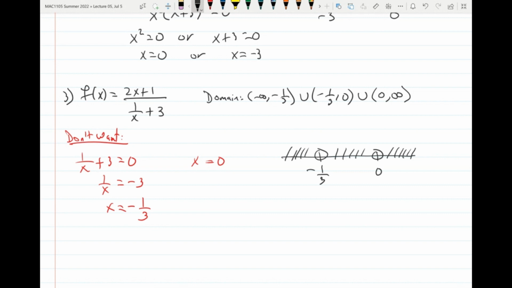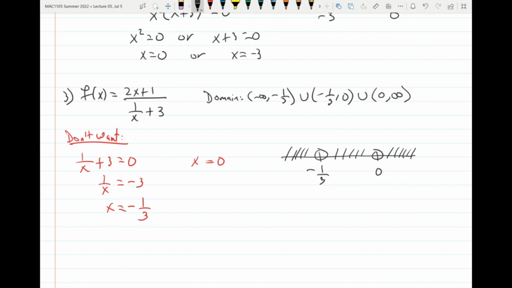It just doesn't stop. It keeps going to the left non-stop. The way to say that is with negative infinity. This is a parenthesis, not a bracket. And then, but why not say 0, 0 then? What do you mean 0, 0? Because you wrote negative 1/3, comma 0. Oh, okay.